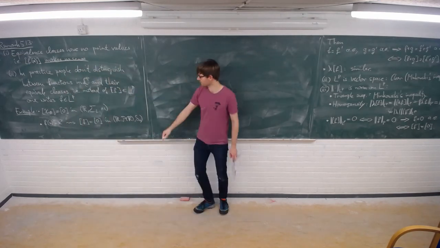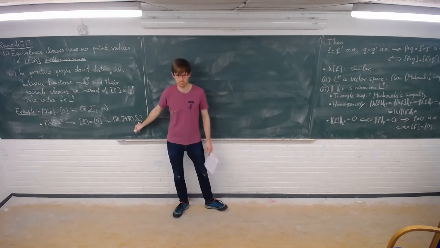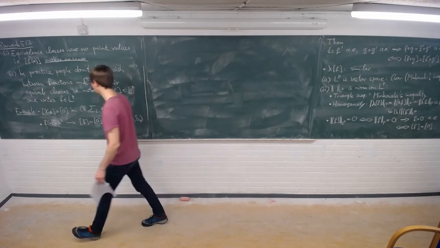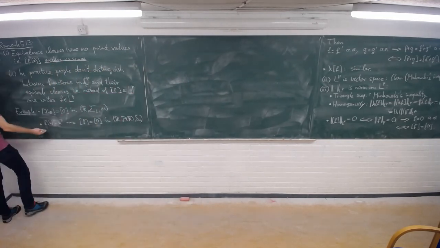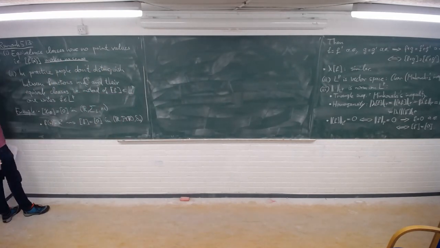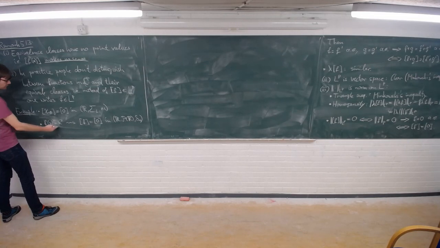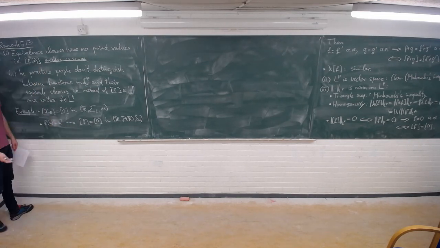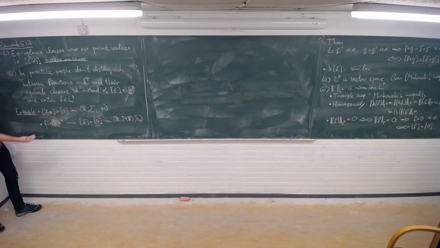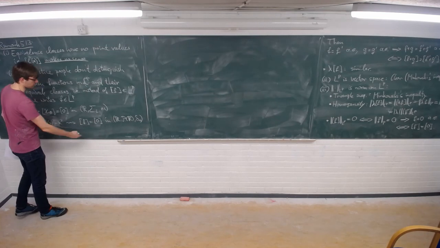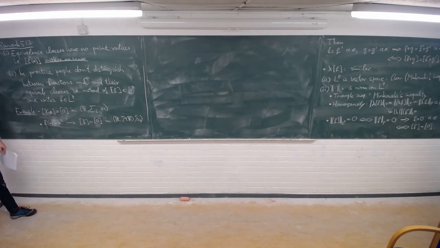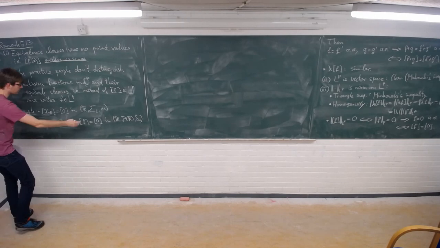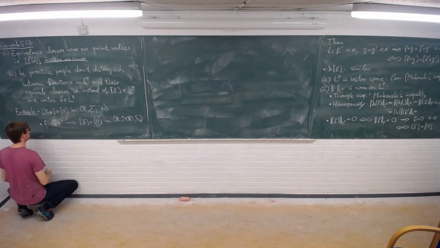Or if we take the Dirac measure at 0, for example, then any function which is 0 at 0, for example x squared, the equivalence class of this will be the equivalence class of 0. So any such function is just 0 in the new LP space. Actually, in this case, you can write down this equivalence class explicitly.